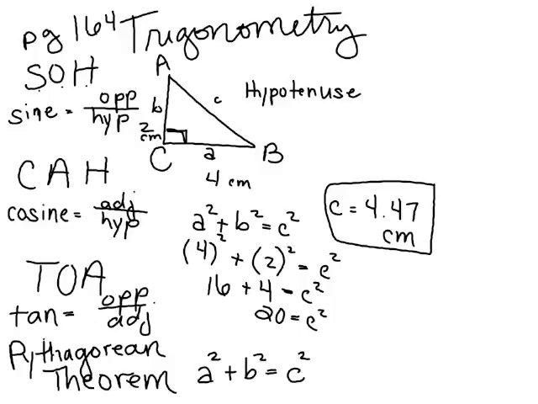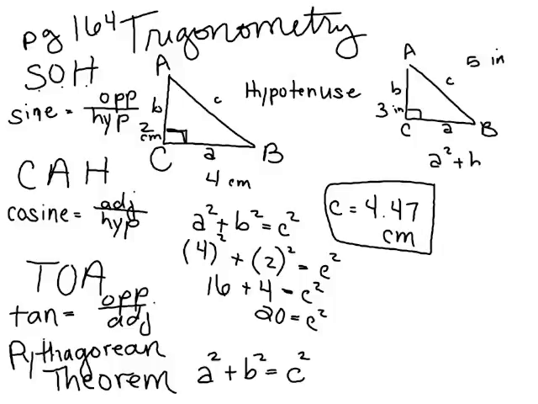So let's do that again. Let's say I have a right angle triangle and I have two side lengths given. I'm going to start and draw my triangle. Let's say this time I'm given the hypotenuse is 5 inches, and I'm given a side length of B as 3 inches. A squared plus B squared equals C squared.